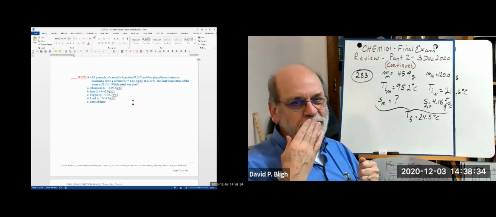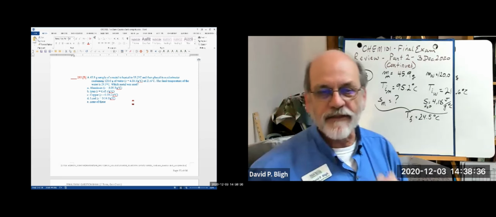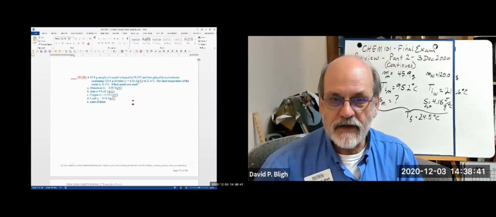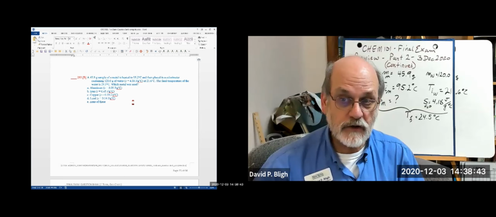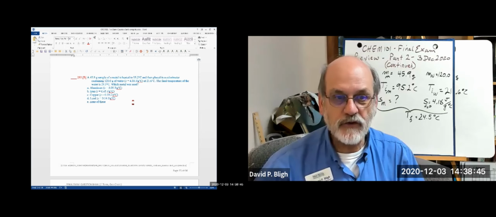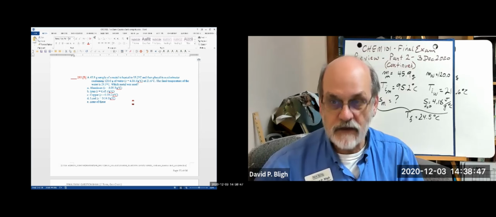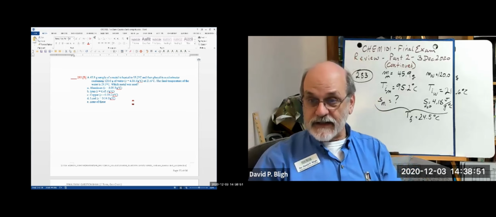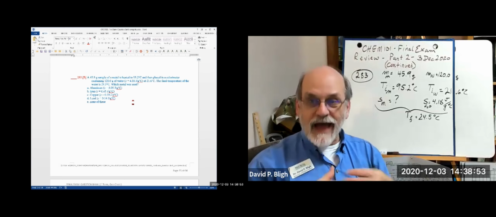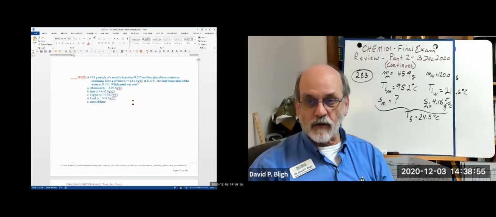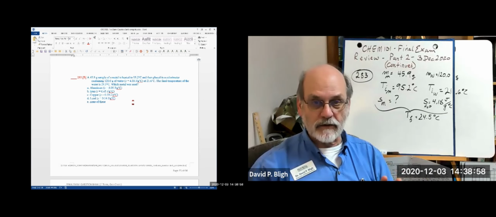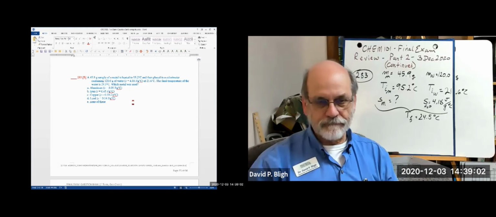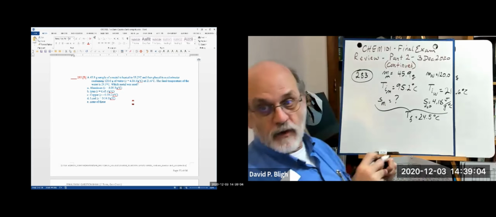Let's see. All right. One thing that's assumed here that we are not told is the contribution of the calorimeter. So we have to assume that the calorimeter is ignored. In reality, if we did this experiment in the lab, we would have to determine the calorimeter constant and take that into account. But for this problem, we can ignore the calorimeter. So what's the formula that we operate under?